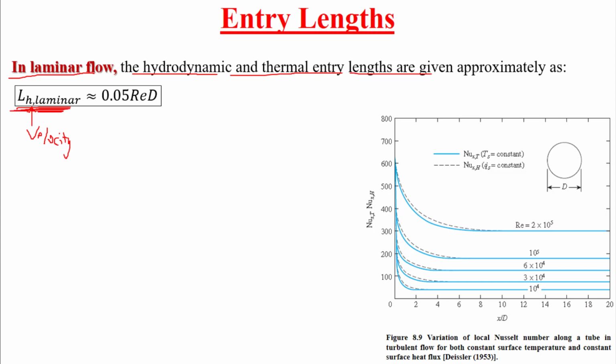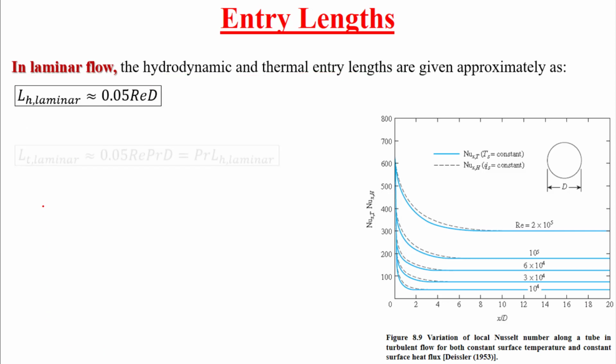Okay, hydrodynamic entrance region for the velocity. It's approximate because this is a correlation: 0.05 multiplied by Reynolds number multiplied by diameter. So the hydrodynamic entry length depends on Reynolds number and on the diameter.